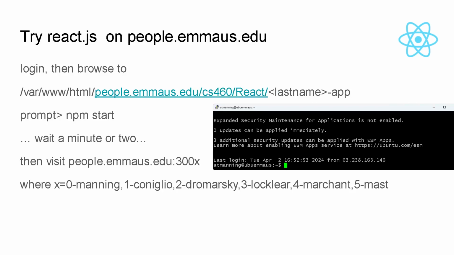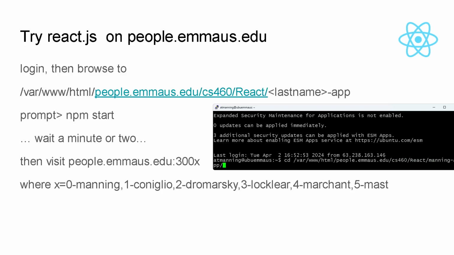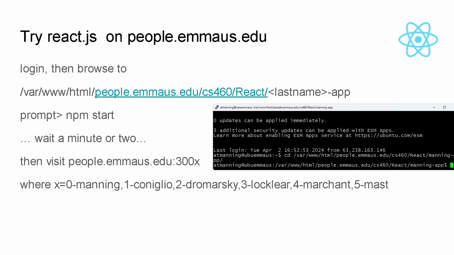And now I'm going to CD over to that path. CD var www html people cs460 React Manning app. And you're going to go to your last name dash app.